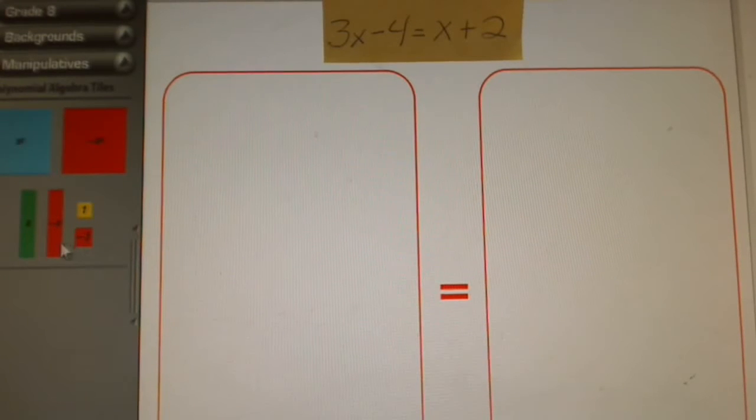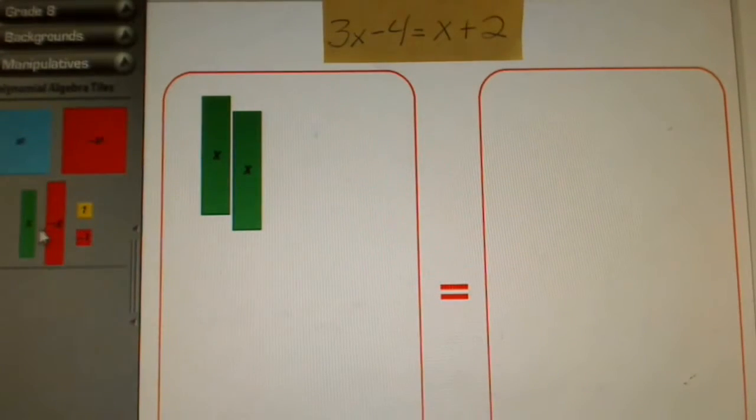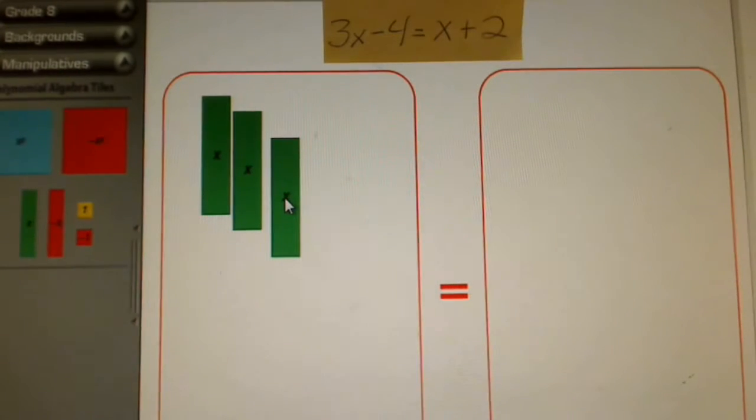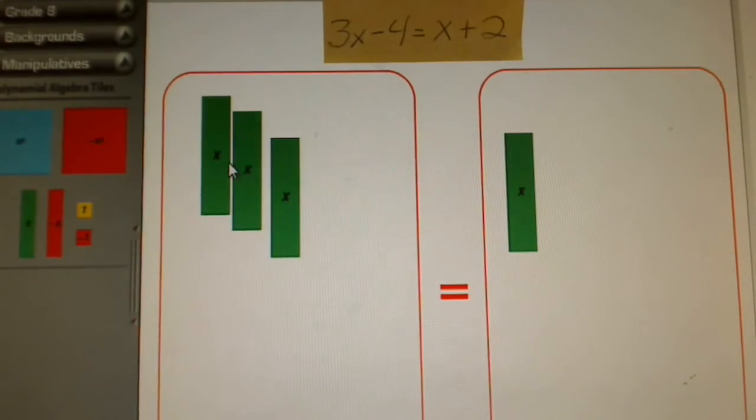So an x is going to be a bar. If it's positive 3x, I'm going to have 1 positive bar, 2 positive bars, and 3 positive bars. So there's my 3x. On the other side, I've got another x, so I'm going to put 1 positive x over there. Now we've got the minus 4.